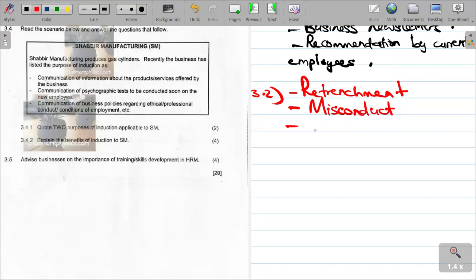It might be due to employees resigning. An employee might decide to resign voluntarily, might decide to leave. It might be by mutual agreement, whereby they both agree that let's terminate the contract of employment.